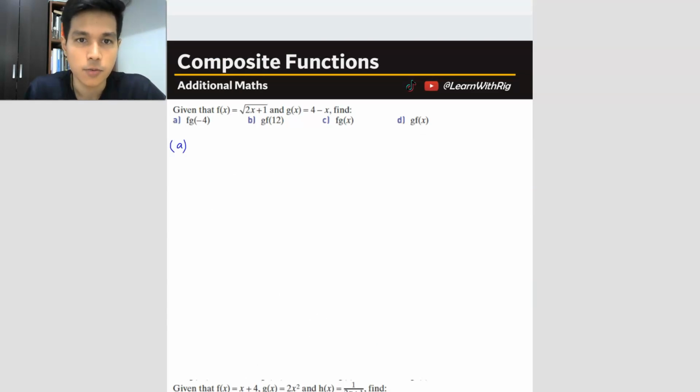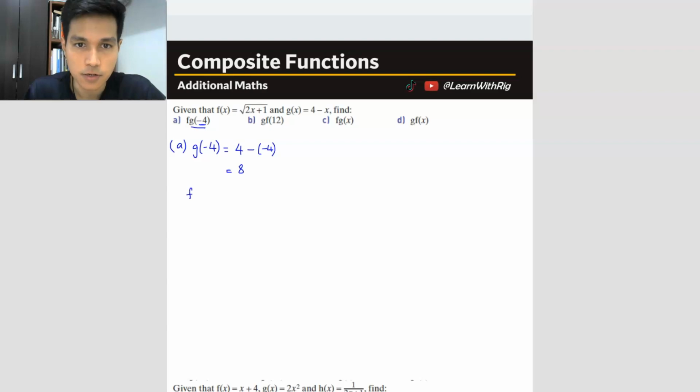Question A, they want fg(-4). Since there is an input here, we can find g(-4) first. g(-4) will be equal to 4 minus -4, so your answer is 8. Then you've already gotten 8, right?